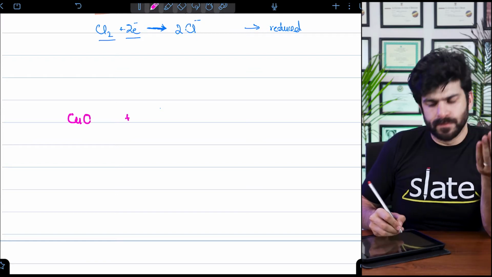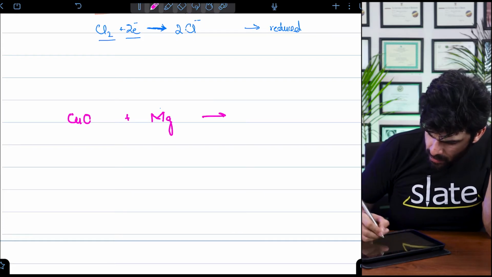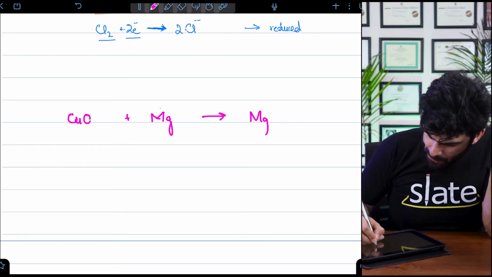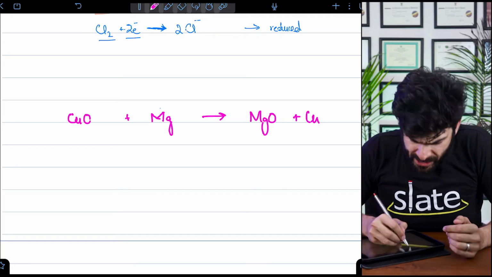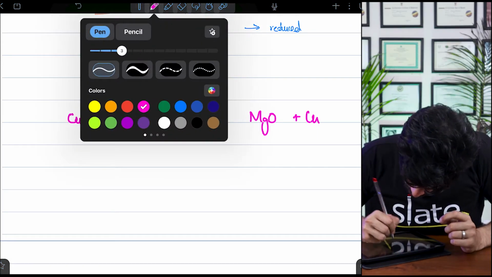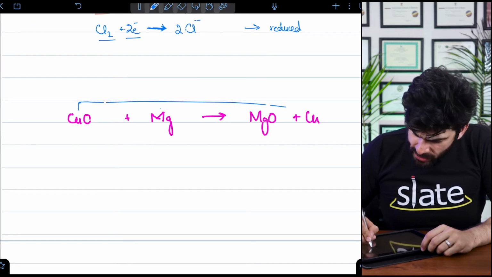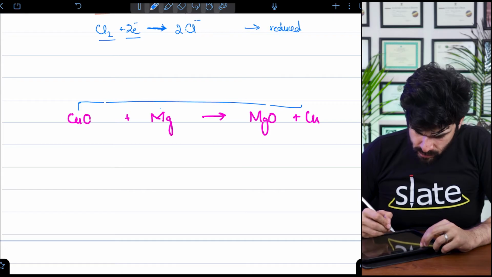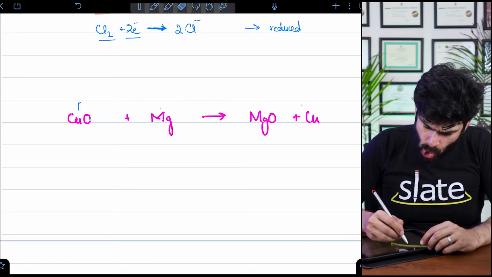Copper oxide plus magnesium. This will form magnesium oxide plus copper. This is a simple displacement reaction. If we just talk about the oxygen, copper had oxygen here, but now copper has lost its oxygen.